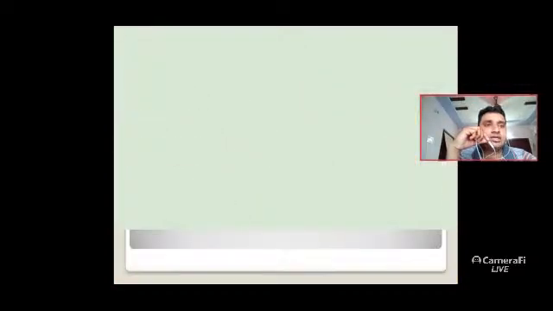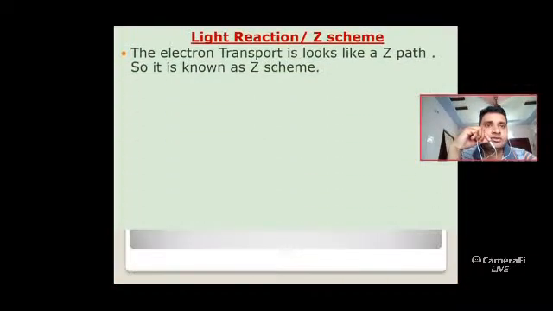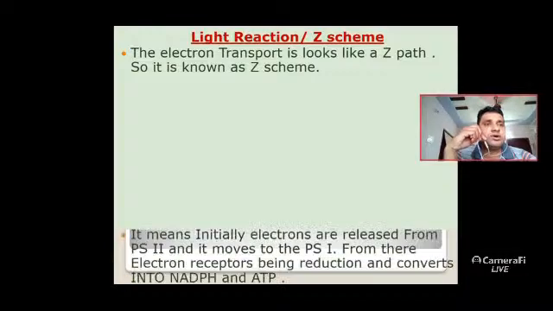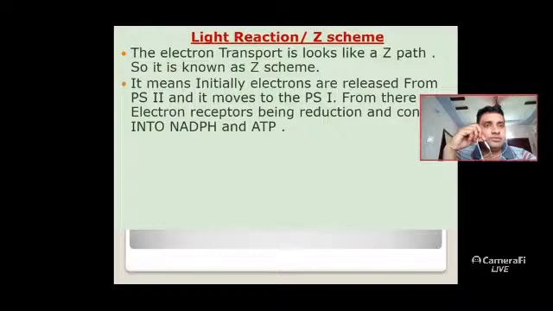So that is the light reaction. The Z scheme is nothing but the electron transport, which looks like a Z path. The electrons are transported from photosystem 2 to photosystem 1, similar to a Z. That's why it is called the Z scheme.